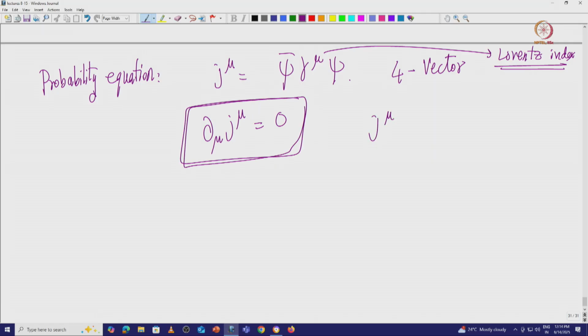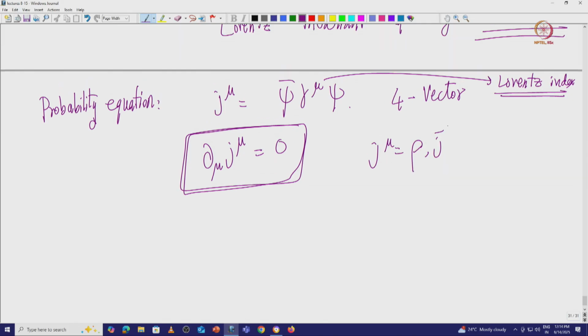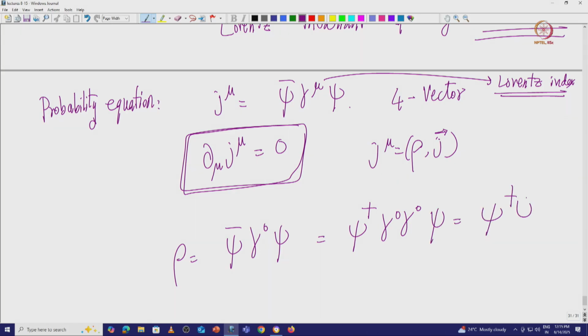where J mu contains, as usual, rho and J, the probability current and probability density, and rho is equal to psi bar gamma 0 psi, that is equal to psi dagger psi.